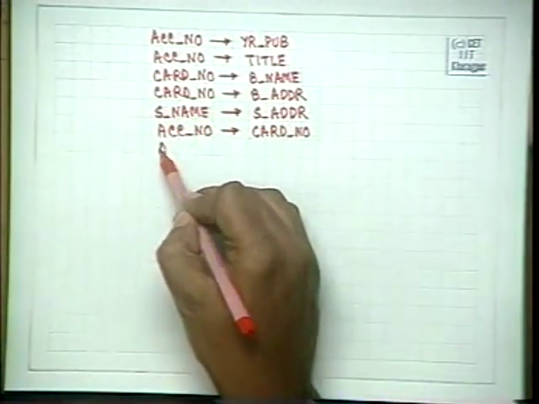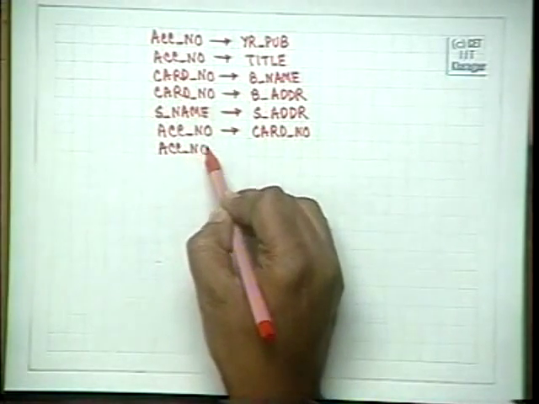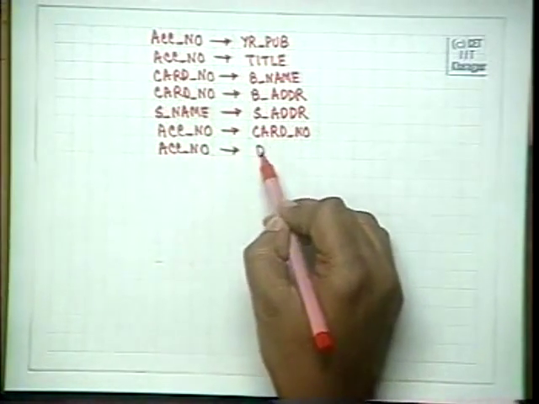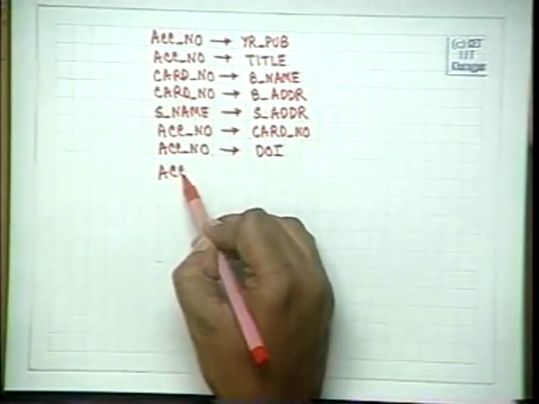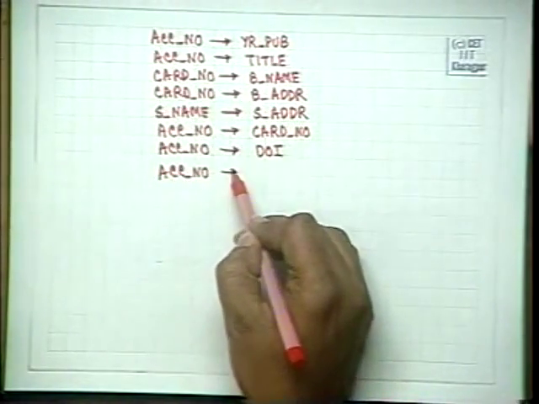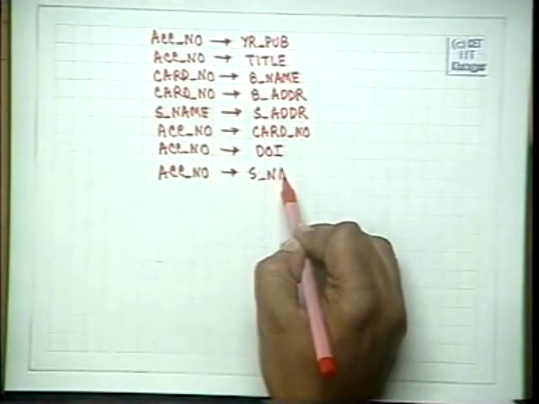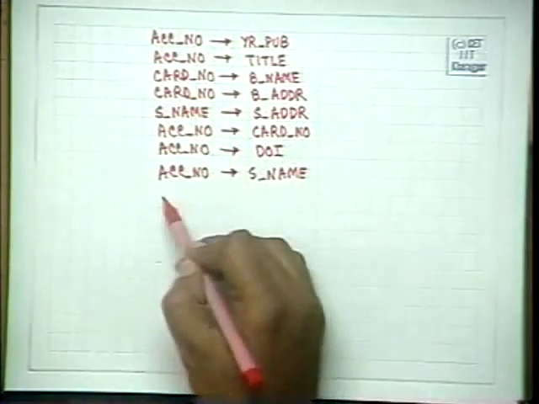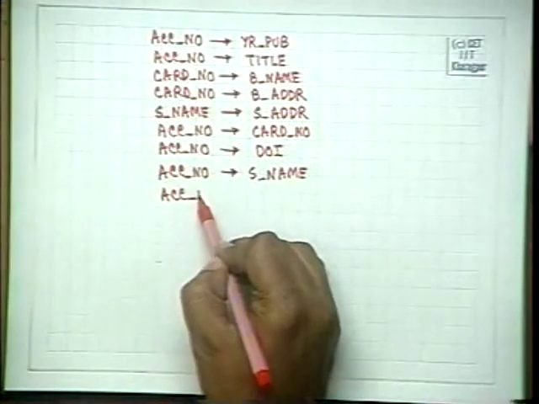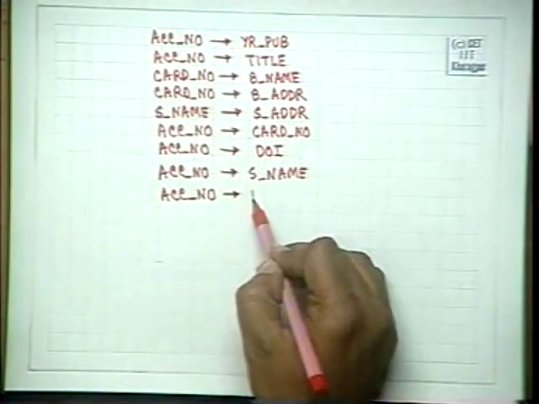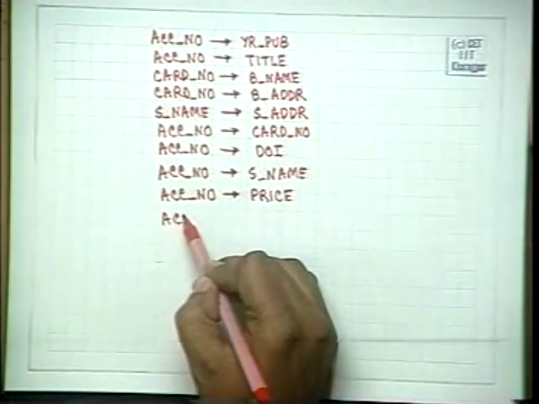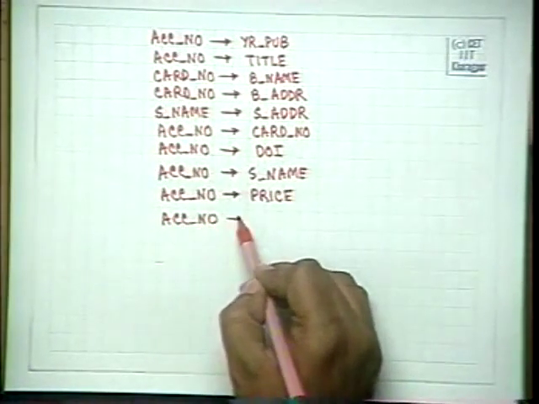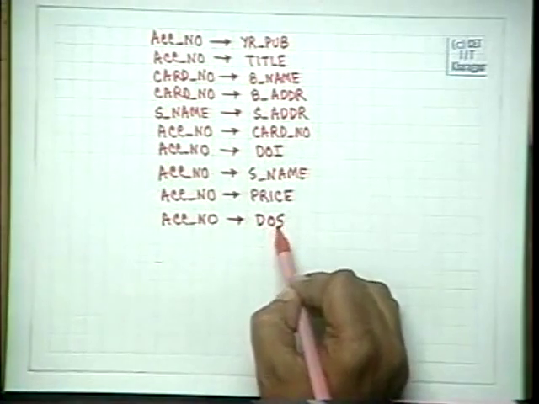We also had accession number to date of issue, accession number to supplier name, accession number to price and accession number to date of supply.